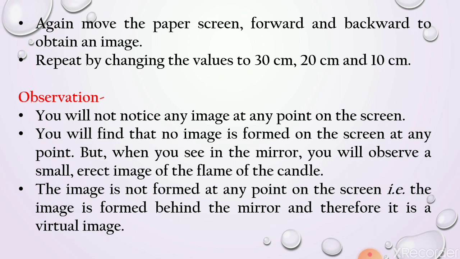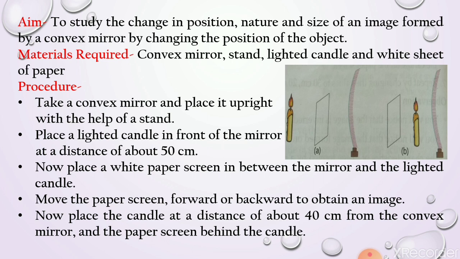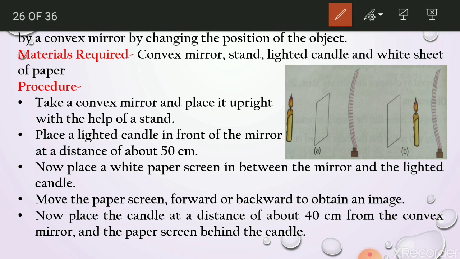Okay, and the image is not formed at any point on the screen, that is, the image is formed behind the screen. Okay, image is not formed on the screen, that is why, you can see here, we are not getting any image on the paper sheet.